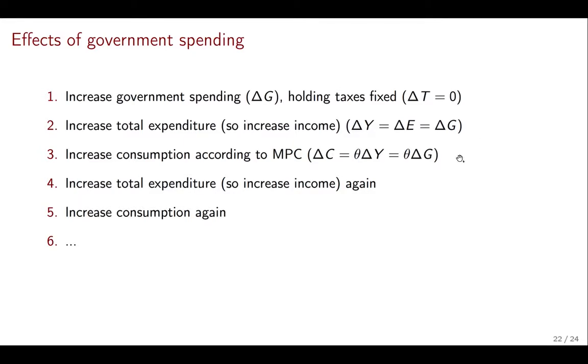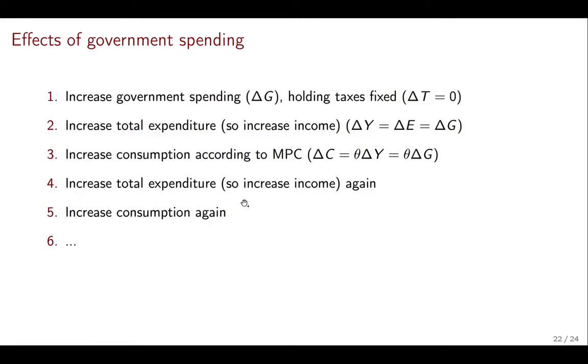Then there is a second effect because consumption is going to go up by the MPC. Because when I change government expenditure, I change expenditures, I change income, and because I change income, I change consumption. But because I change consumption, I'm just going to change total expenditure again.